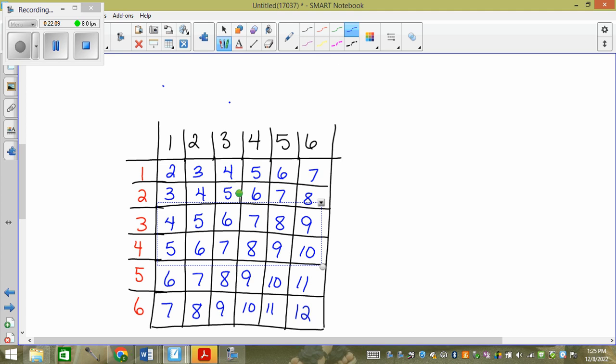But how many different outcomes do I have? 36, right? 6 times 6. Now, I want all the sums greater than 8. If I had to do that in my head and be like, okay, 4 and 5 is 9, 5 and 4 is 9, so that's 2, and I'd have to do them all that way, I probably would miss one, right? But if you do an array, yes, it's time-consuming, but it literally takes all the brain matter out of the question. It makes the question way easier.